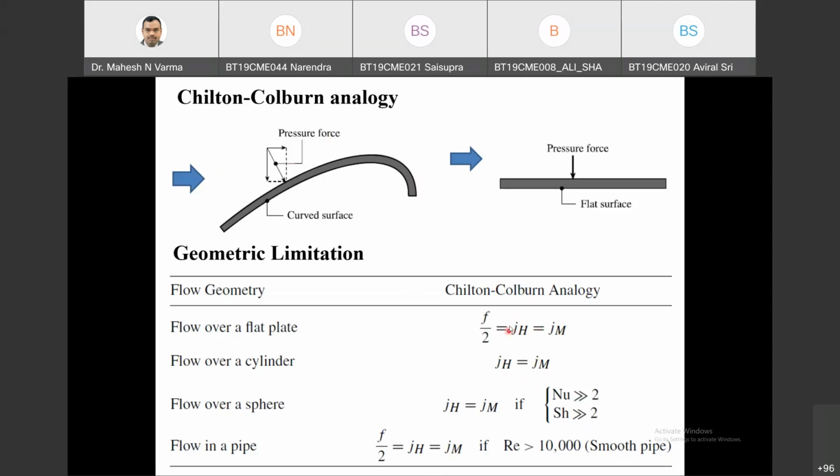Hence, f/2 will not equal JH equals JM. So f/2 equals JH equals JM only when the surface areas for heat, mass and momentum transfer are equal. So are all these limitations clear to everybody?